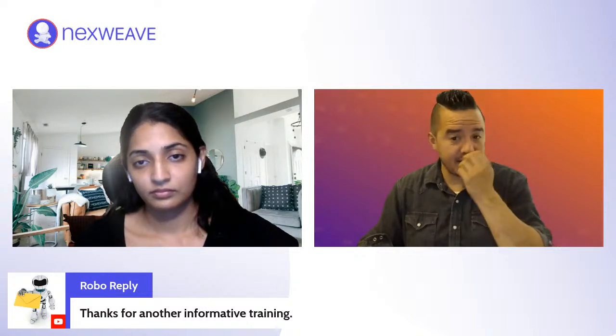In that case, Robo Reply, thank you for another informative training. I appreciate you also for tuning in. I think Robo had talked about 2 or 3 weeks ago about a mobile application. So I was thinking about it, and I'd like to get some feedback from any of you who would think of a mobile app. The only one I could think of that I've played with and kind of like, that does a little bit of personalization, would be Dub, right?